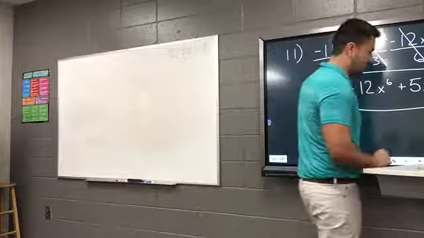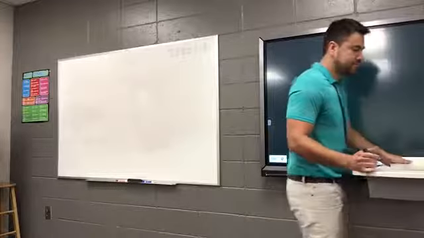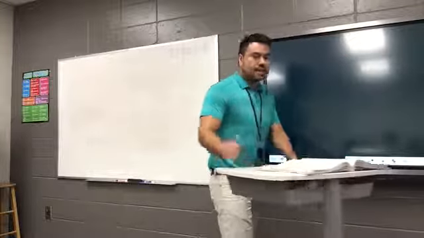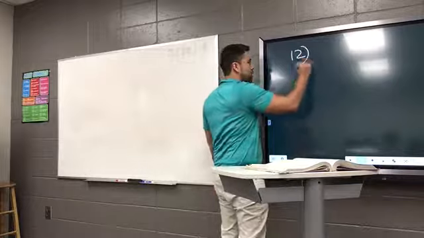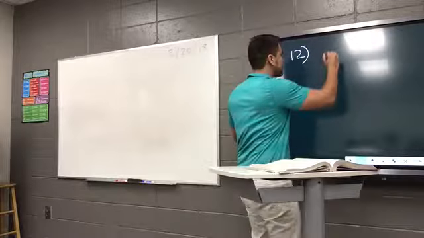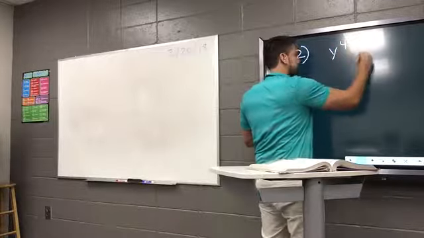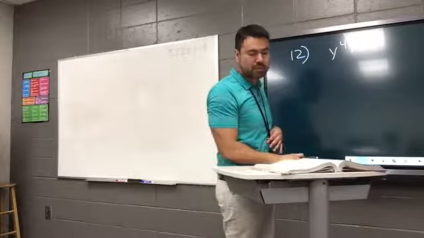We'll look at number 12. Write that expression there, the way they wrote it. Y to the 4th. Be careful because there are so many variables and exponents, it can be kind of tricky.